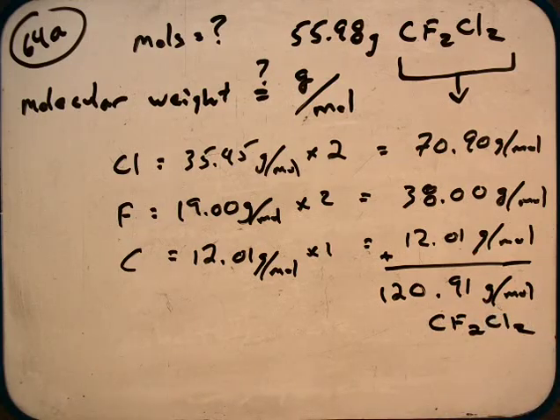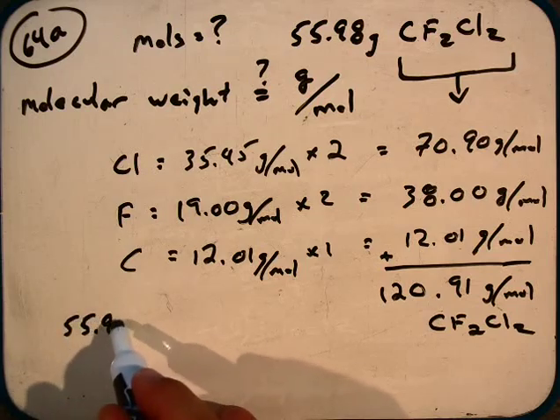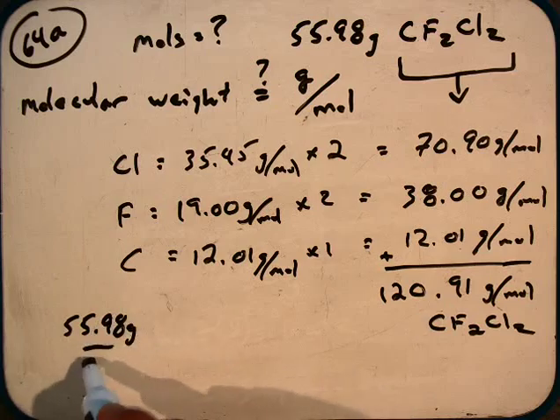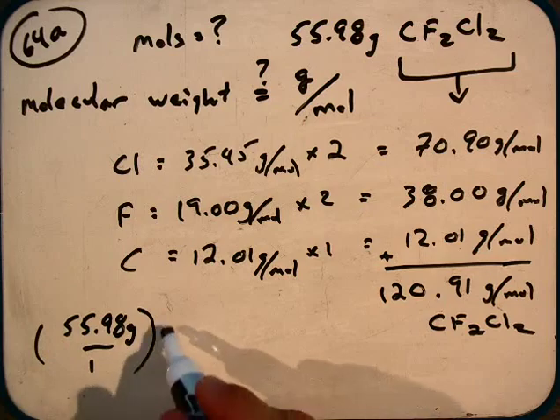This is really a conversion for this molecule. It allows us to go between grams and moles of this particular compound, CF2Cl2. And so for the second half, to answer the question, we start with the mass that we were given, the 55.98 grams.